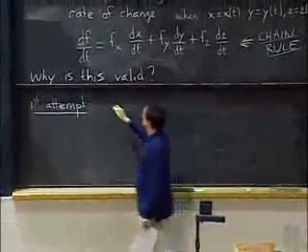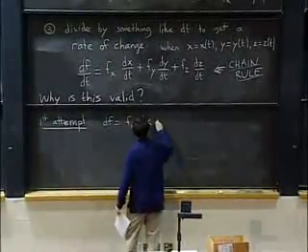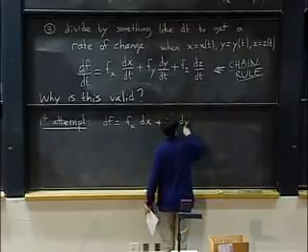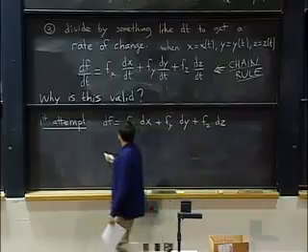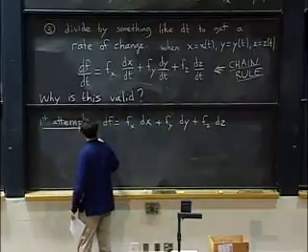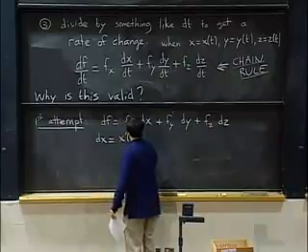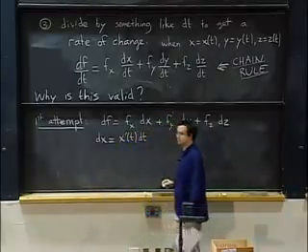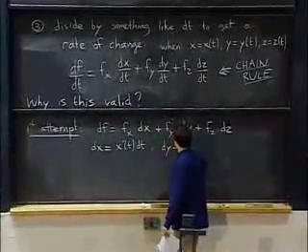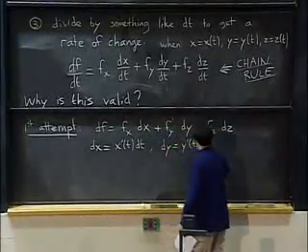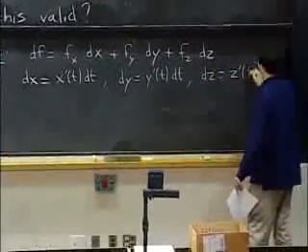Well, we said df is f sub x dx plus f sub y dy plus f sub z dz. But we know, well, if x is a function of t, then dx is x prime of t dt, or dx/dt dt, as you prefer. Okay? dy is y prime of t dt. dz is z prime of t dt.